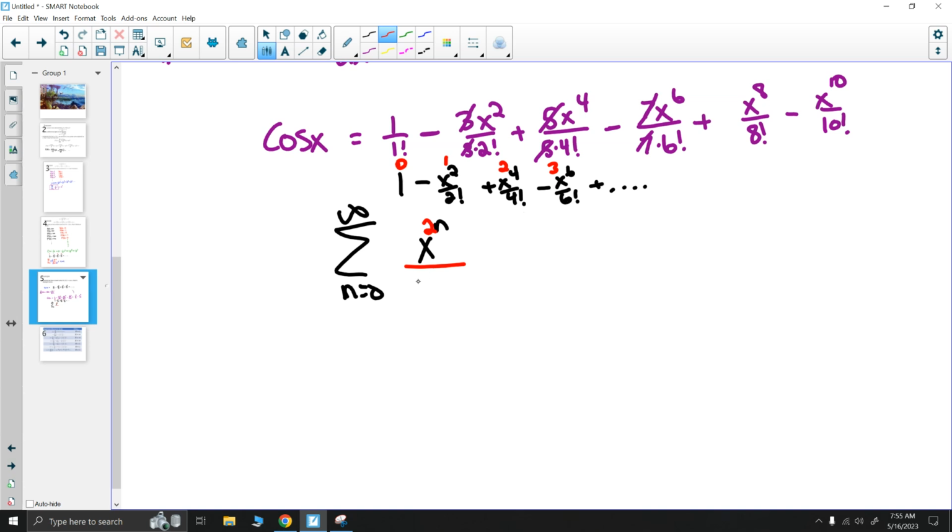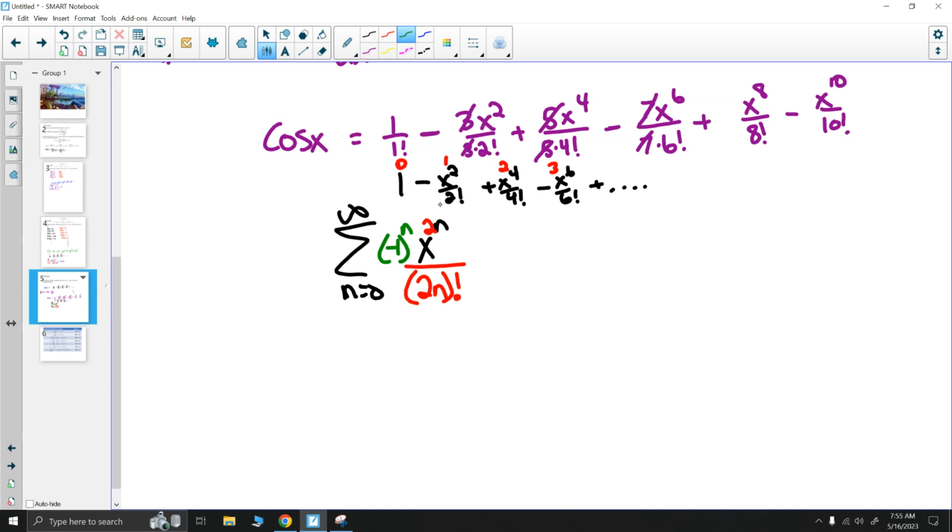So that is to say 2n factorial. Okay. So in this case, let's double check that it works. 0 factorial is 1, so that checks out. 2 factorial, 4 factorial, 6 factorial. Okay, it works out. And then we have an alternating aspect of it, which is negative 1 to the n.